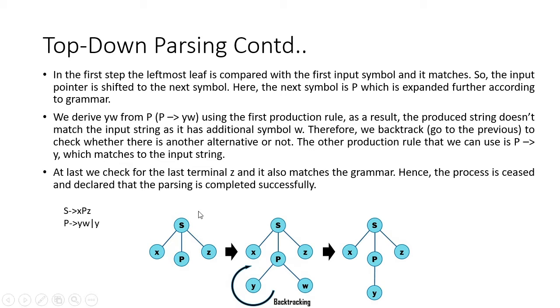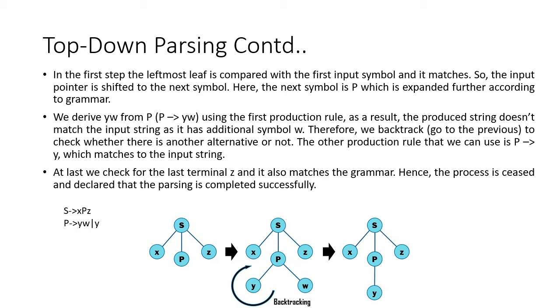If you see the diagram, this is a parse tree. The topmost is called the root, and these are called leaves. So we start from the top, that is S derives XPZ.